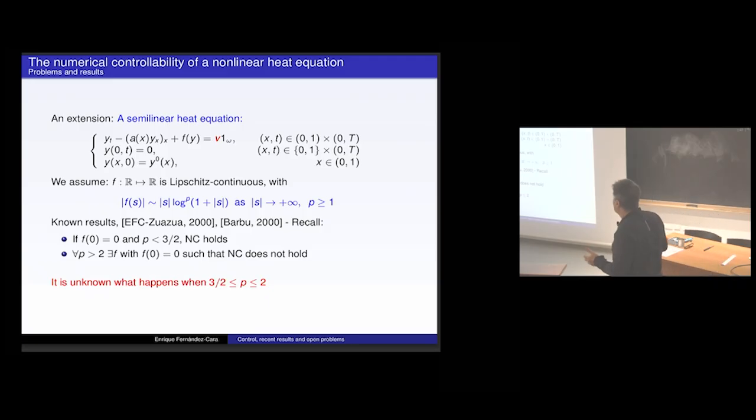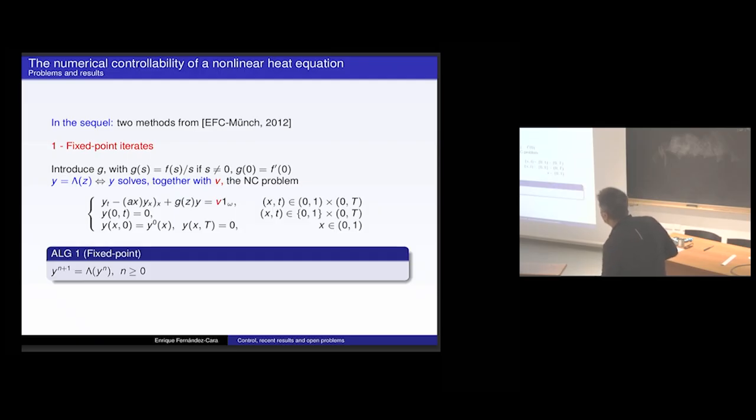We believe that the problem is null controllable also between 3/2 and 2, but there is no evidence. There is evidence that it is not null controllable if instead of an equation, we look at the system. If we look at the system, there are more or less complicated arguments that show that it is not null controllable. So we don't know.